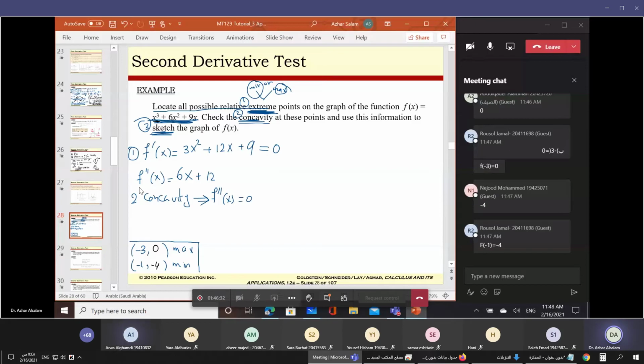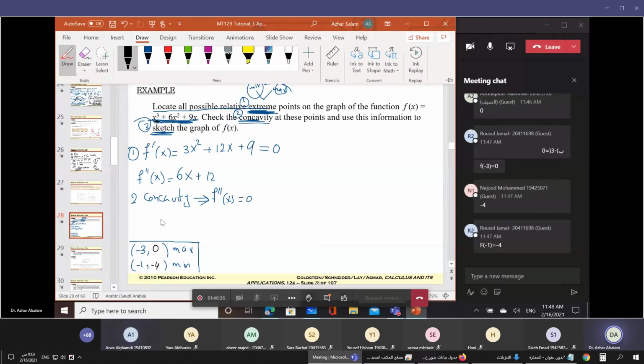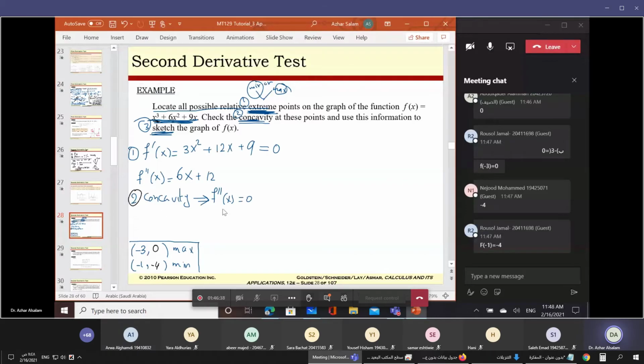Now for the second part, which is the concavity, I need here to find the concavity of the function. So I need the inflection point. How to find the inflection point? I will use the second derivative and find its zeros.